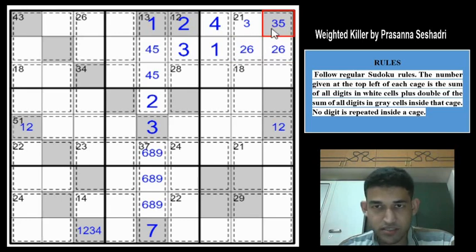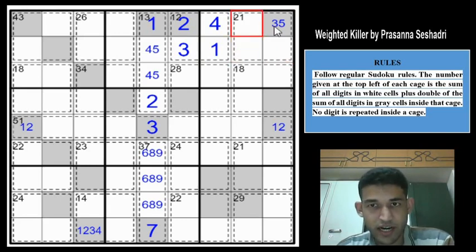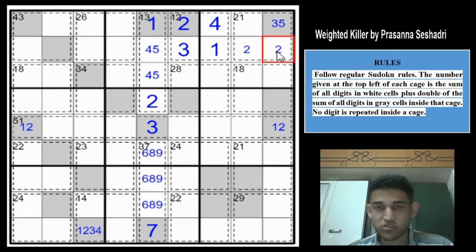So if you have a 3, this is a 6 and we need 15 more. And without the 2, if you don't have 2 here when you have the 3 here, we will have minimum 5, 6 and 7 and that will get the total more than 21. So either way, we can be sure that regardless of whether 3 comes here or 5 comes here, 2 has to be in one of these 2 cells. We can be sure of that.